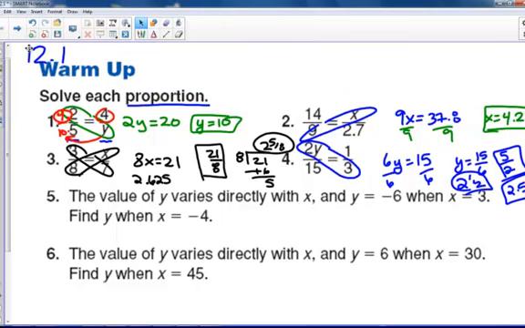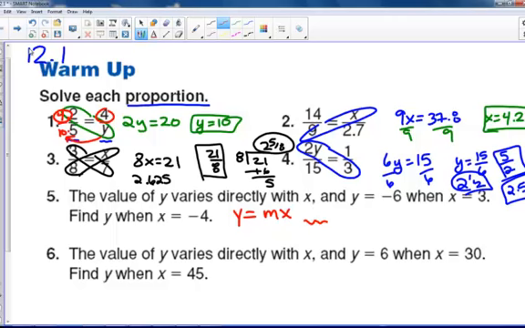Alright, the next question says, find the value of y varies directly with x, and y equals -6 when x equals 3. Now, direct variation means you have something called y equals mx, and there's no b. So if you want to find the m value, you would do y divided by x.